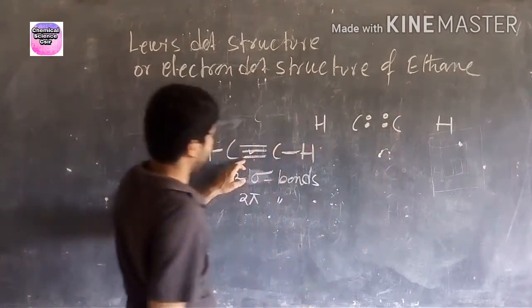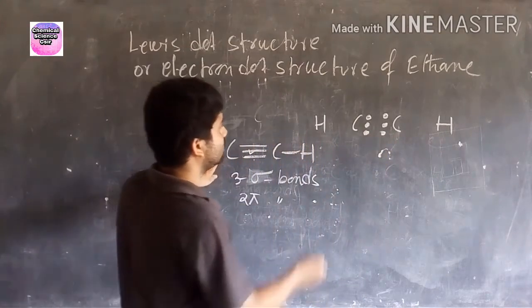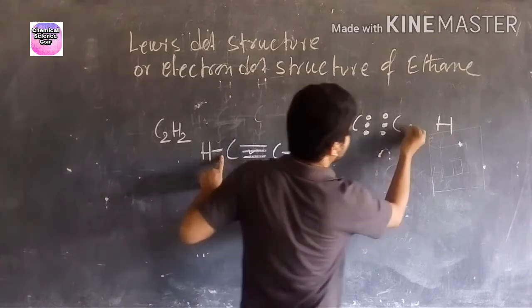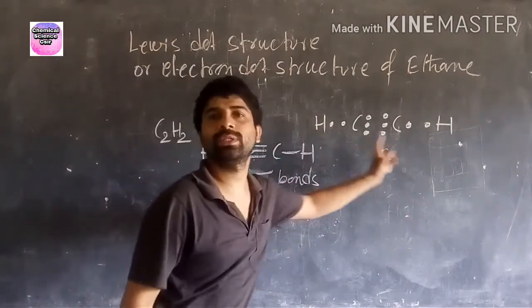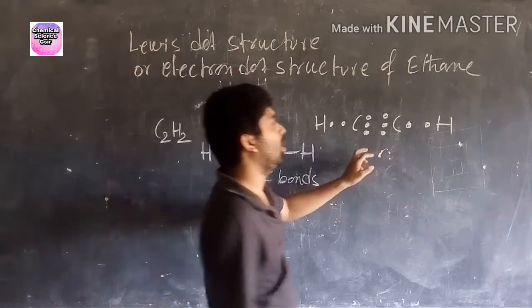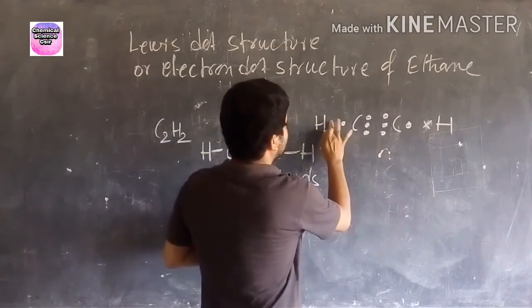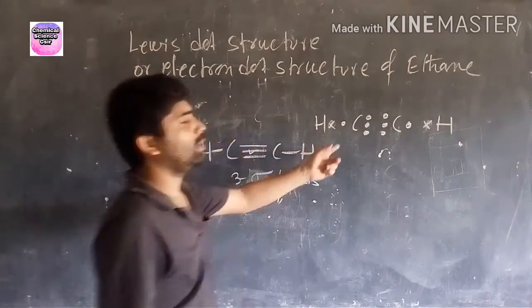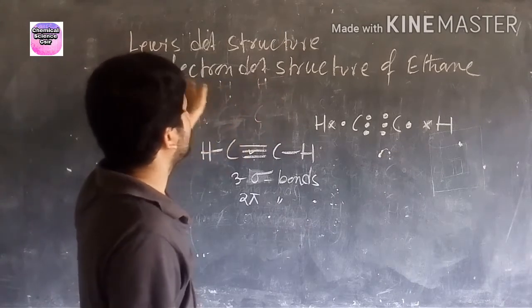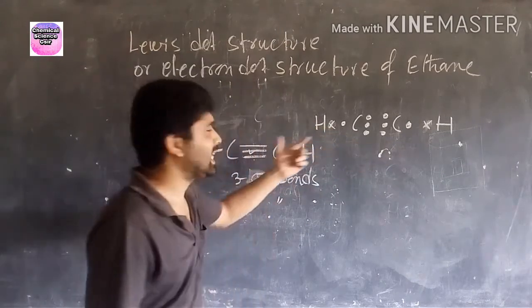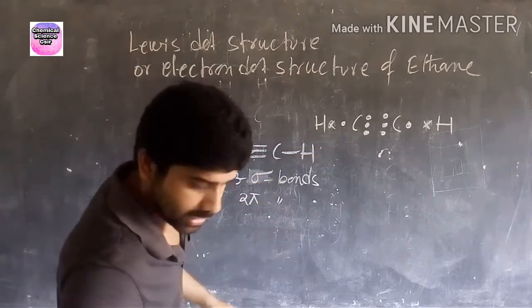You can represent it with dots, or you can write crosses also, no problem. This is the representation of acetylene.